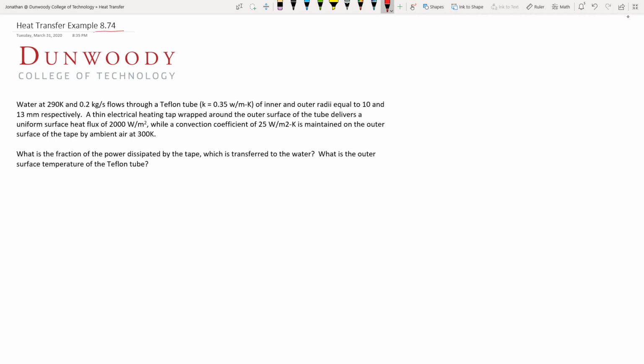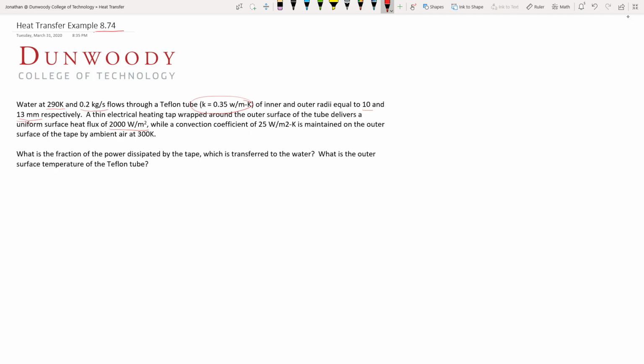This is problem 8.74. In this problem we're told that we have water at 290 Kelvin flowing at 0.2 kilograms per second through a Teflon tube, and we're given the thermal conductivity of that tube and the size of that tube. So the inside radius is 10 millimeters and the outside radius is 13 millimeters. And we're told that we have an electrical heating tape wrapped around the outside surface that delivers 2,000 watts per meter squared.